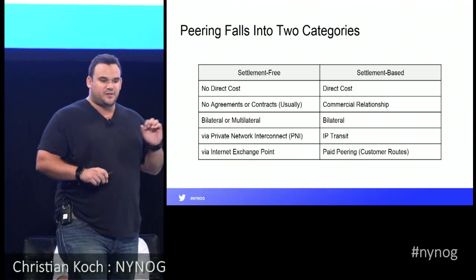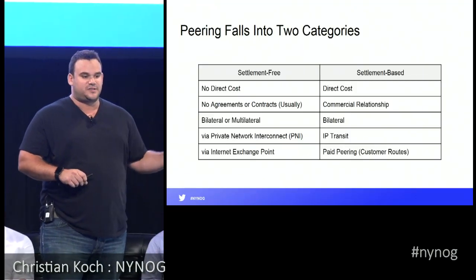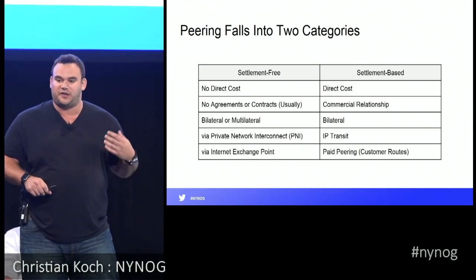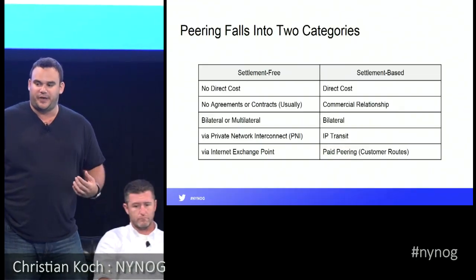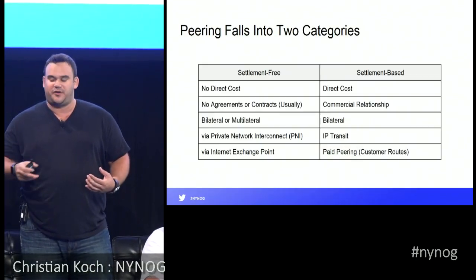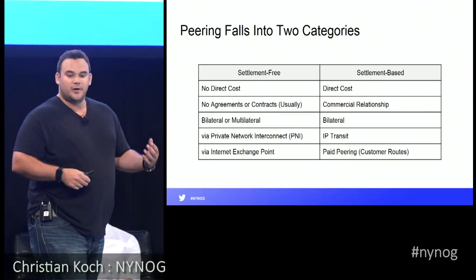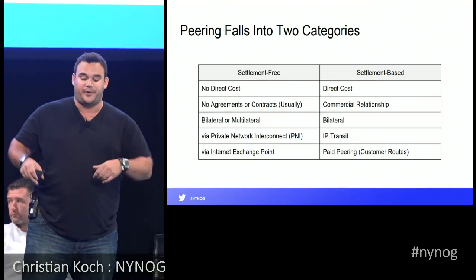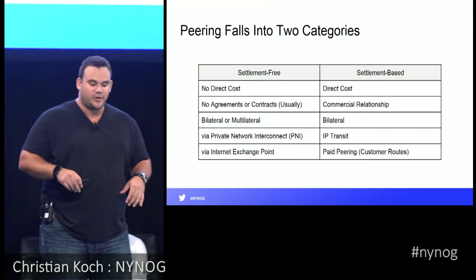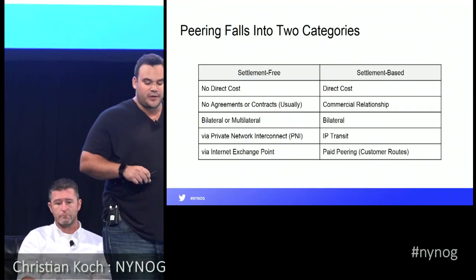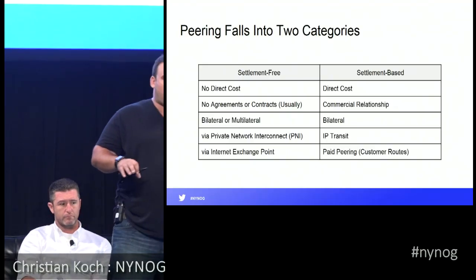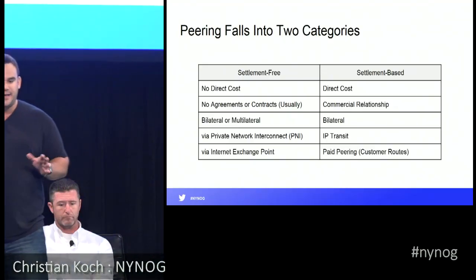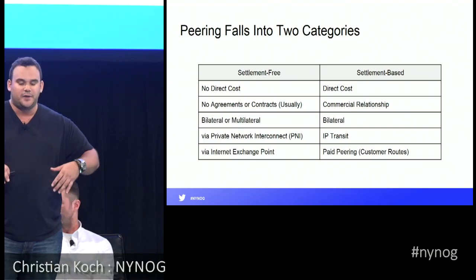There is a passive cost, and that's connecting to the internet exchange or buying a cross-connect. When we talk about settlement-based, there is a direct cost. You're paying a provider or carrier for your IP transit or for your paid peering. That's a commercial relationship. Usually with settlement-free peering, we're talking about no agreements, no contracts, although sometimes agreements can come into play depending on the relationship.